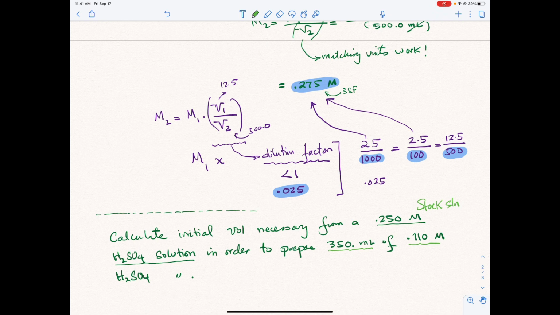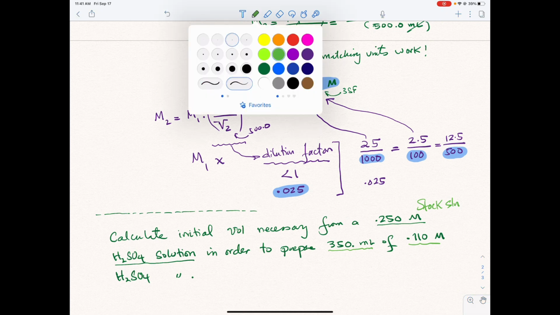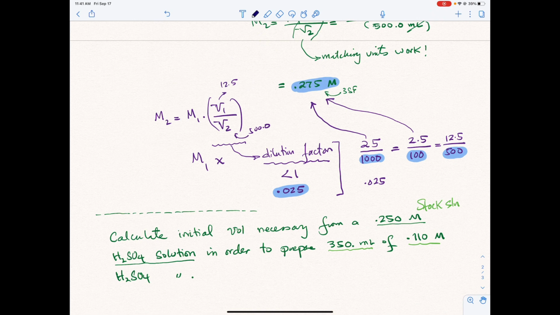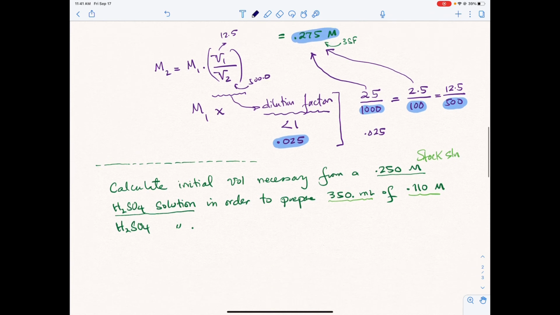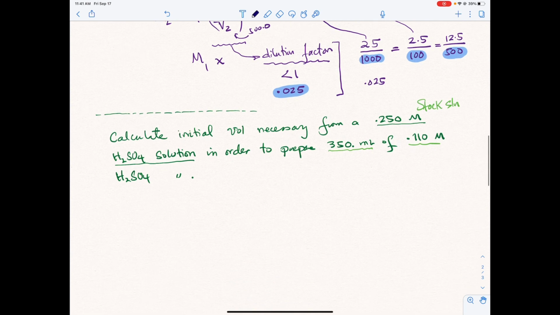So please identify the variables and proceed to solve. I'm going to have you pause the video and work on it, and I'm just going to continue on. After you pause the video, check your answers with my answers. I'm going to continue, but you should give yourself a minute or two to solve this.